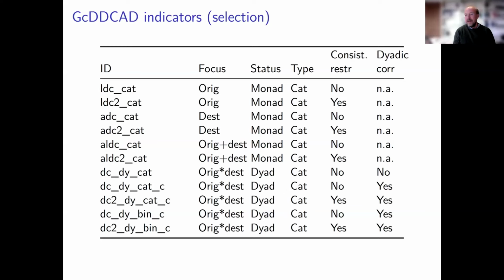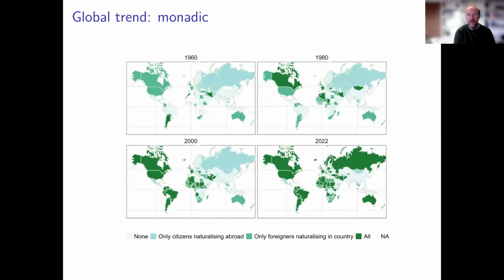We call this less consistent restriction because it's not automatic but discretionary, which means that the restriction may be applied in some cases, but may also not be applied. Right? So that's why this is not consistent.